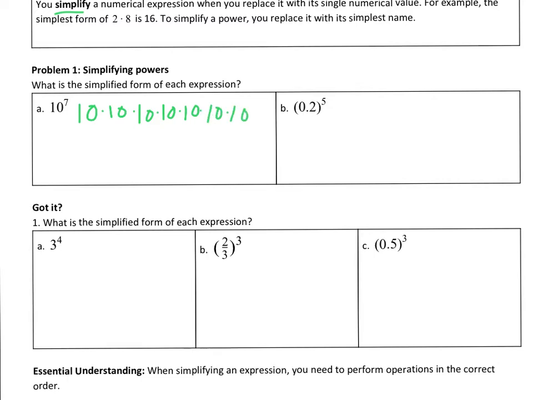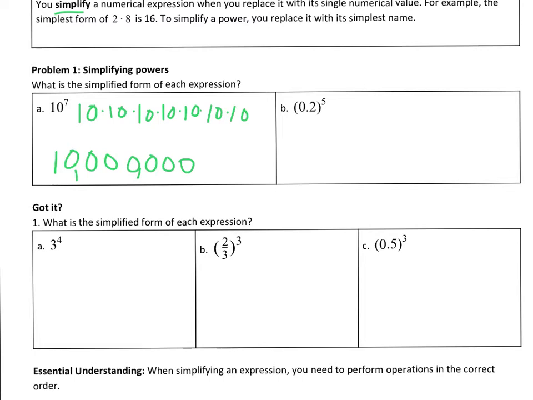So I write that repeated multiplication with 7 factors of 10. So simplified, 10 times 10 times 10, doing this is going to be essentially a 1 with 7 zeros after it. So that's 10 million, all right?